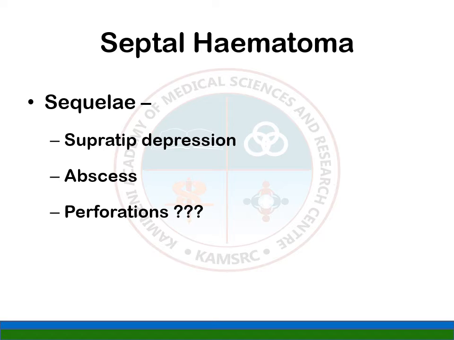Why supratip? Because the alar cartilages are completely different, which is at the tip. The dorsum, the bridge of the nose, is formed by the nasal bones, which again have a blood supply. But the middle part, the dorsum of the nose, is made up of the septum. This will be necrosed. That's why there will be a supratip depression.